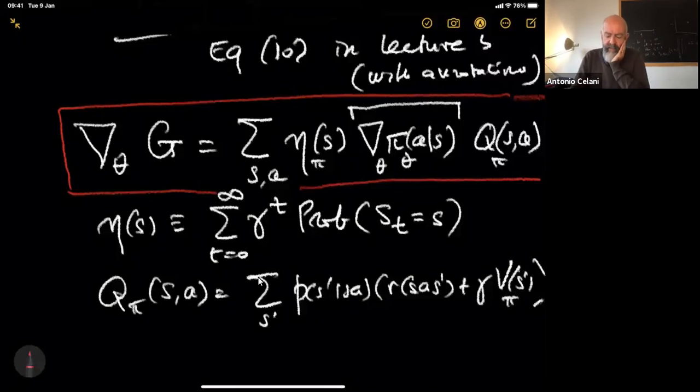It's quite interesting because if we knew the model, so if we knew what the reward and transition probability are, we can compute quite straightforwardly the gradient.